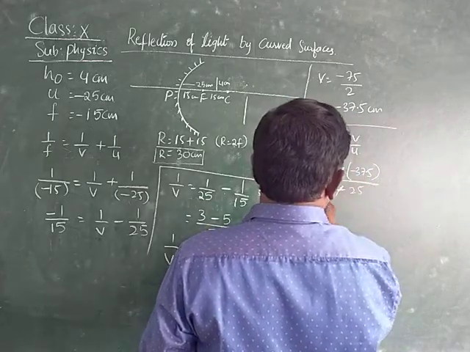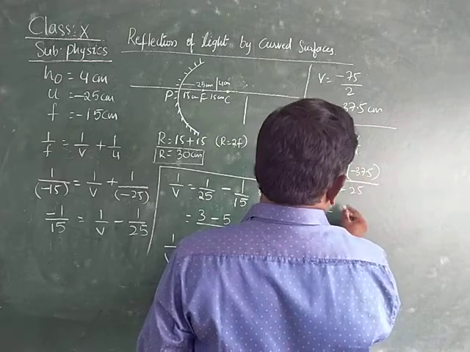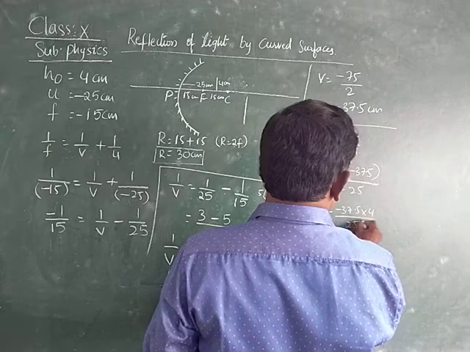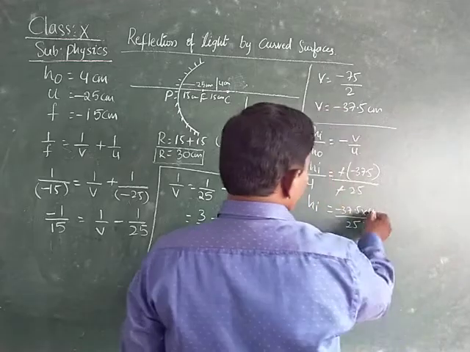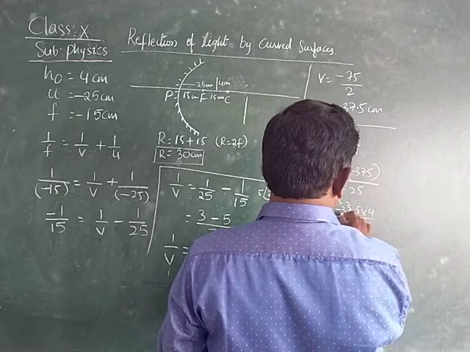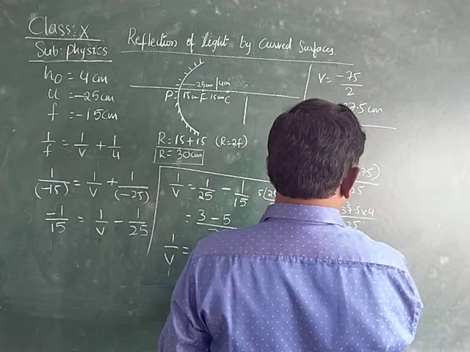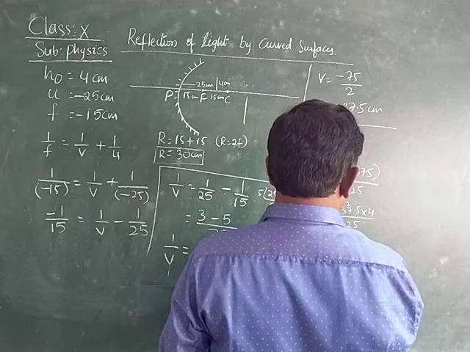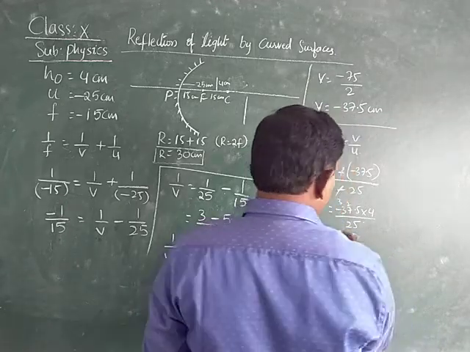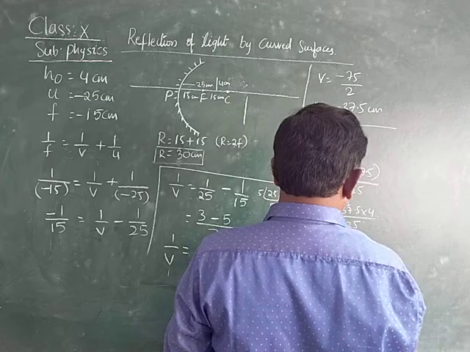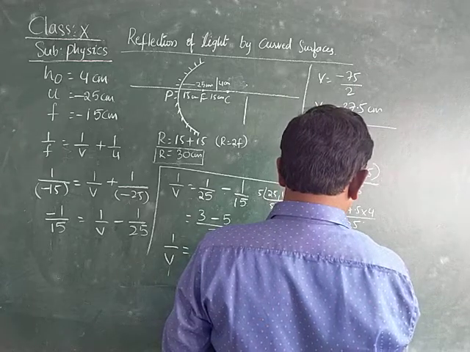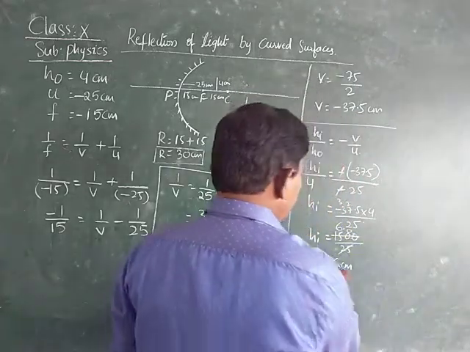Minus minus cancel. hi is equal to -37.5 into 4 by 25, which is equal to -150/25. Therefore height of the image is equal to -6 centimeter.